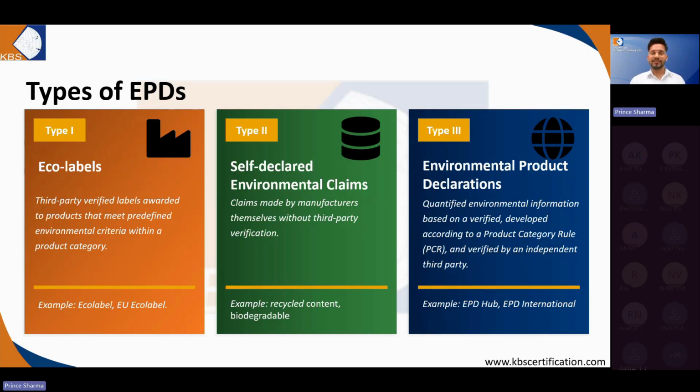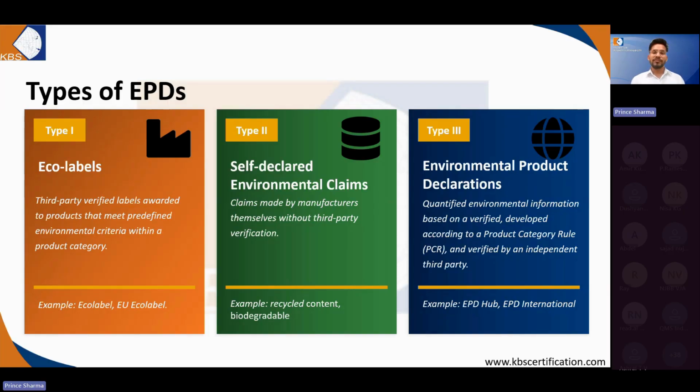Then, if we talk about self-declared environmental claims, which is type 2 EPD. So type 2 EPD is nothing but those declarations by the manufacturers. If somebody is saying that their product has some amount of recycled content, suppose 50% recycled content, if we talk about some tissue paper, or some other material, they are saying they are using 5% packaging material from recycled sources.